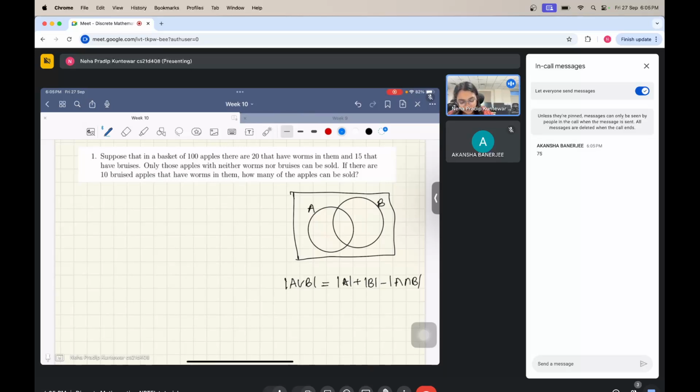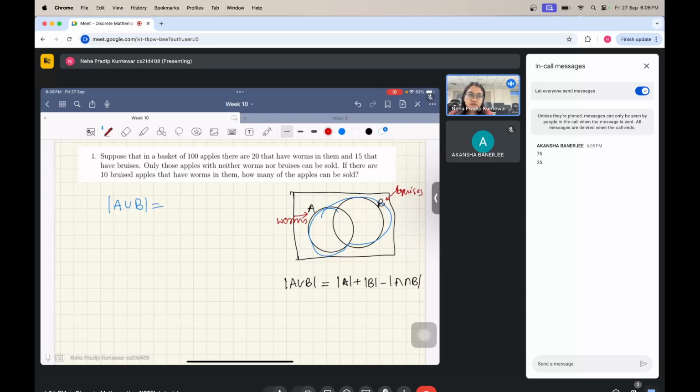Let's see. What is the value of A union B? A union B is simply the set of all the apples that we have. Let's say A denotes that the apples have worms, and B denotes that they have bruises.